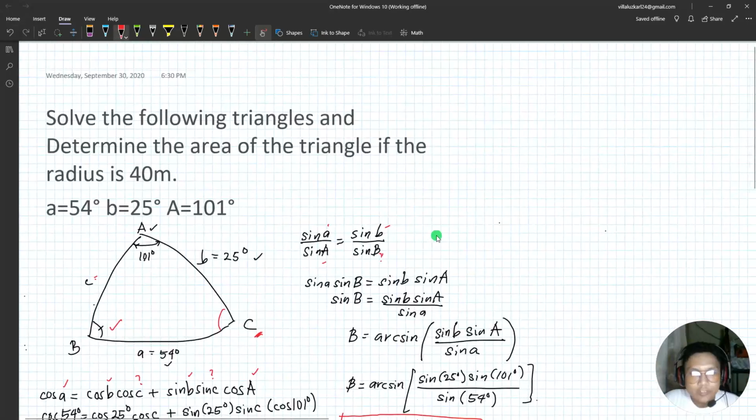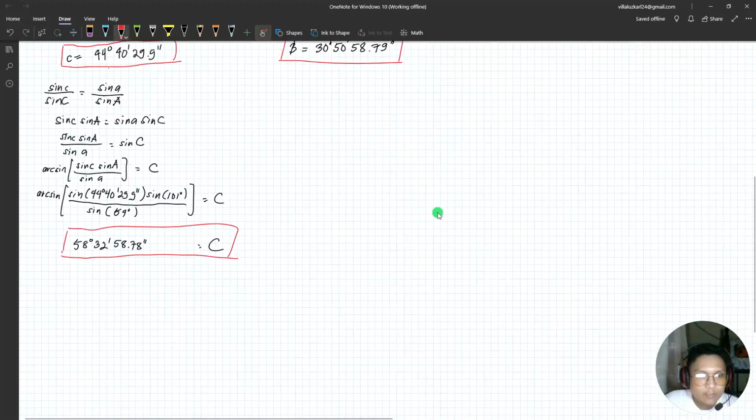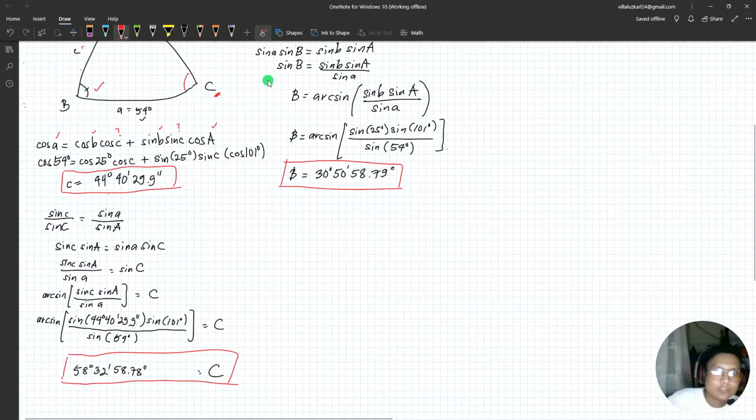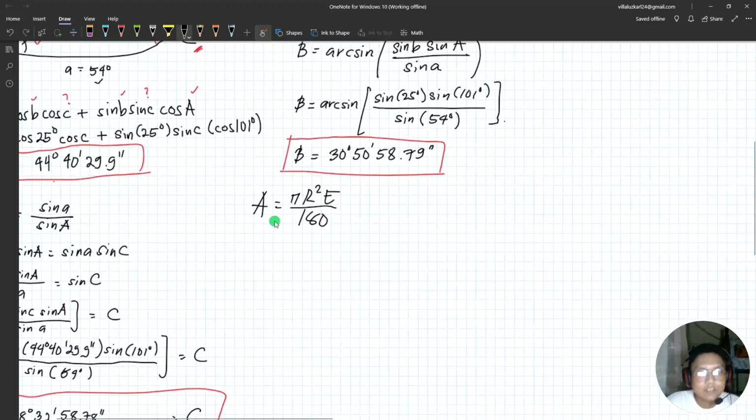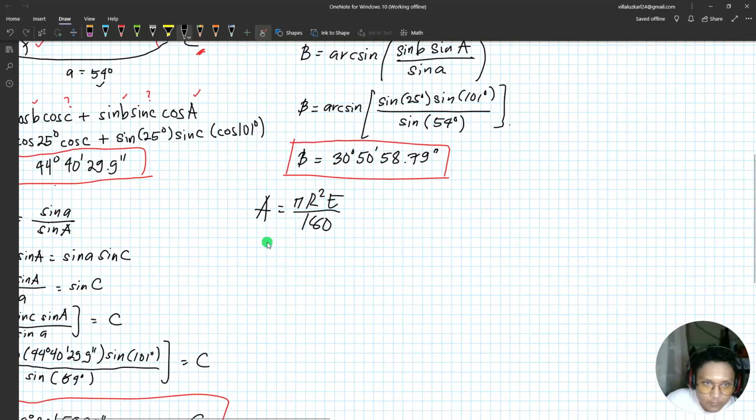To compute the area, the formula for the area is equal to pi r squared E over 180, where E is the spherical excess. The excess is the sum of the three interior angles of the spherical triangle minus 180 degrees.